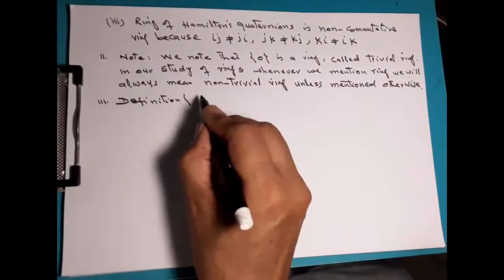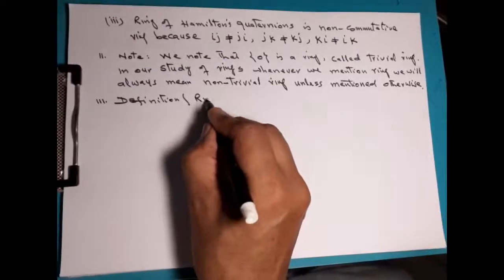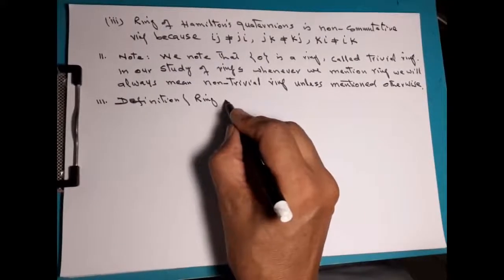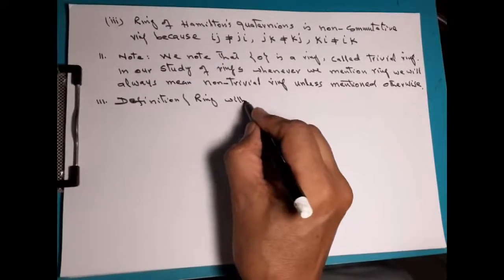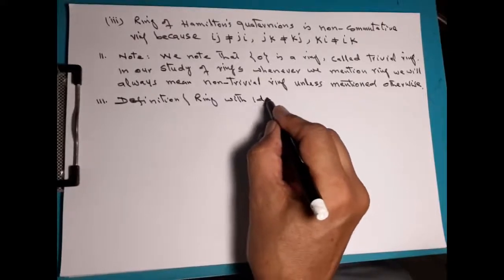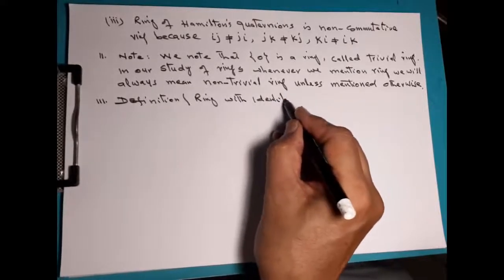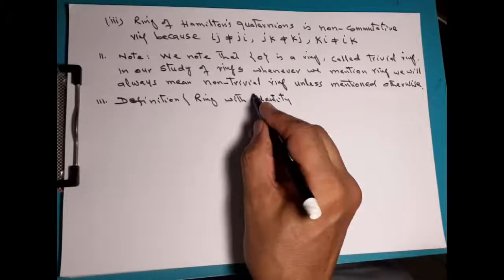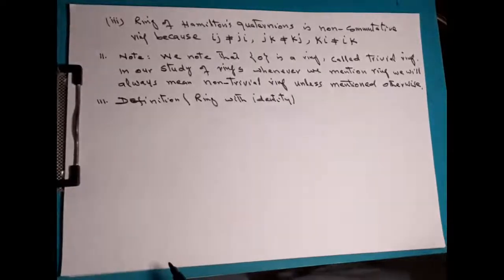So this is the definition of a ring with identity. When we say ring with identity, we mean ring with multiplicative identity. So please remember that.